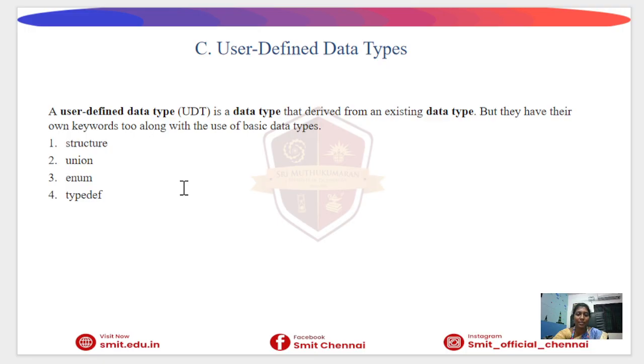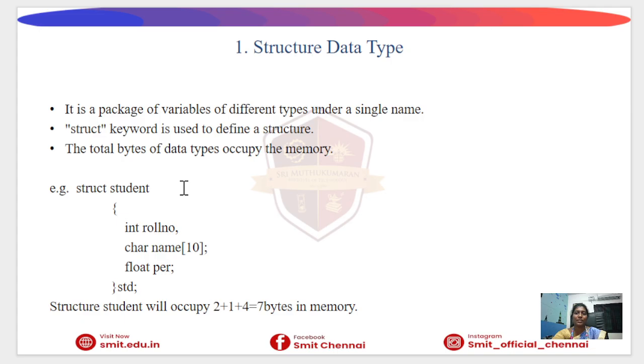The next slide is user-defined data types. What are user-defined data types? They allow the programmer to create their own data types. They include structure, union, enumeration (that is enum), and typedef. The next one is structure. A structure is a collection of variables of different data types under one name.